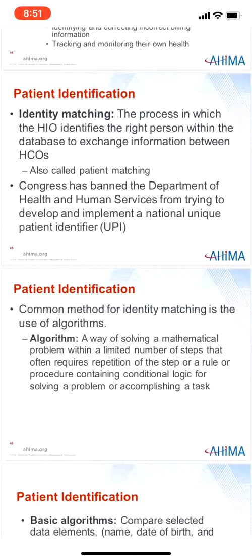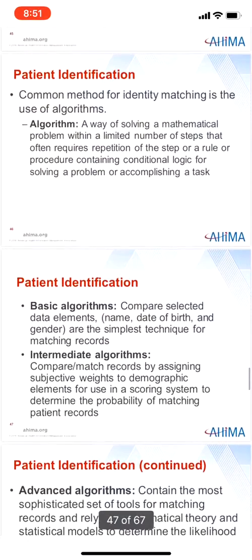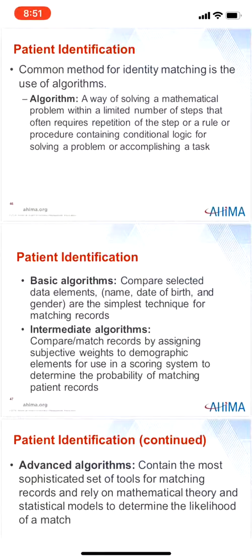The sophistication of algorithms depends upon the type and amount of data needed to solve the query. So basic algorithms compare selected data elements such as name, date of birth, and gender, and these are the simplest techniques for matching records.